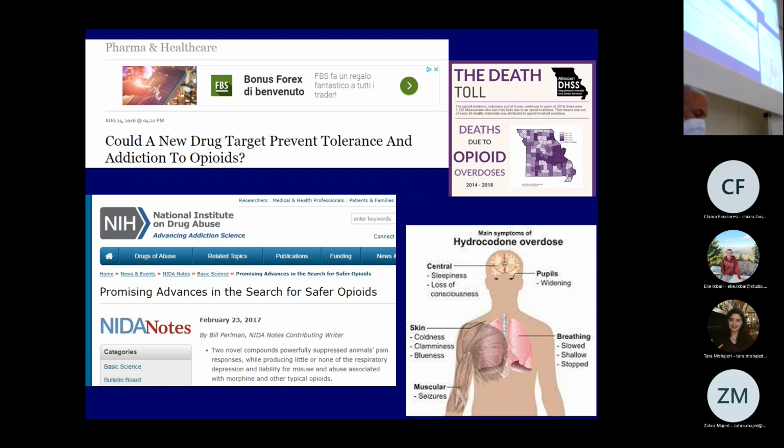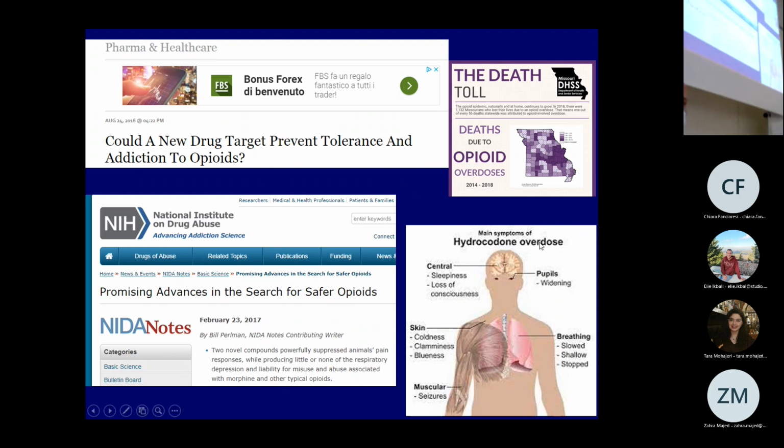Otherwise, overdose can be reached by using street drugs, because the concentration, perhaps inside, is too high. And so a guy can assume this street drug, and the high concentration is responsible for the block of the respiratory center.